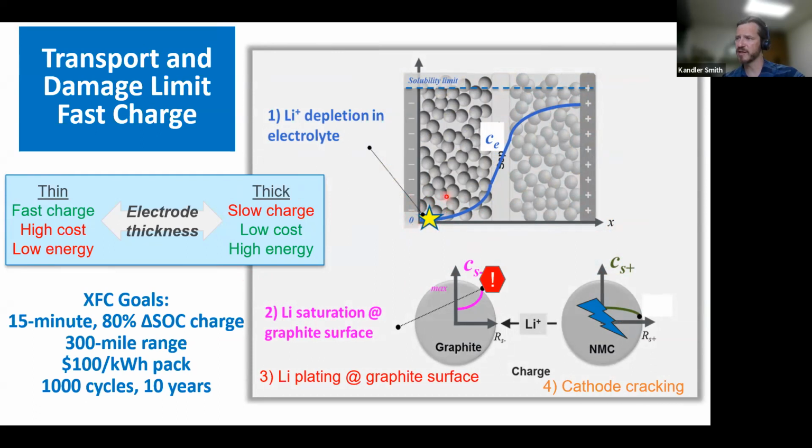There's no charge going on at the back part of the anode, and all of your charge is going in at the front part of the anode. You very quickly overwhelm it, so you saturate the amount of lithium that the graphite can take in, and then the next thing that happens is a lithium plating side reaction on the graphite surface. And then another mechanism is the positive electrode materials, or polycrystalline materials, which oftentimes will crack at the crystal boundaries.